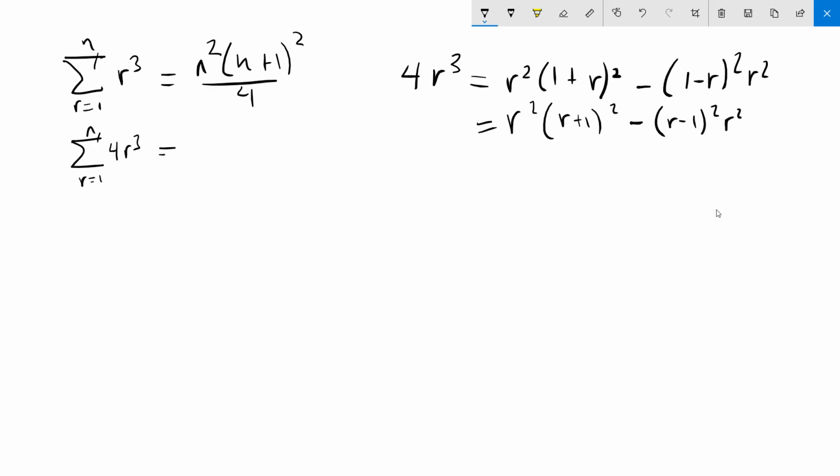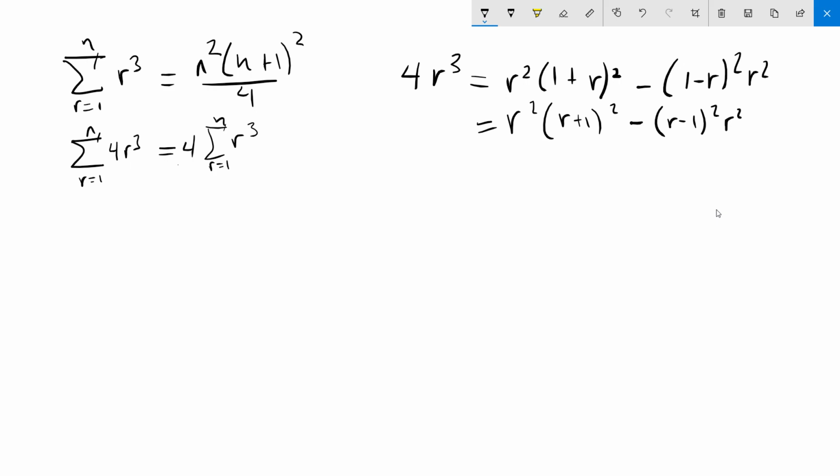Well, we know that the sum is what we call a linear operator, so we can actually take out constants. Remember, sums are basically integrals, and we could do it with integrals, so this is a way to remember it. It's not the reason why, but a way to remember it. So we can take that 4 out immediately from the sum and get that 4 times the sum of r cubed from r equals 1 to n is the exact same thing as the sum of 4r cubed.